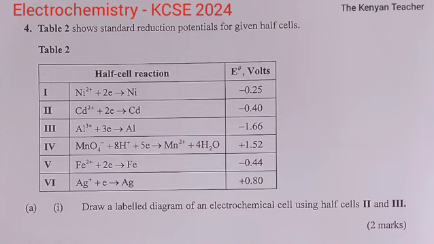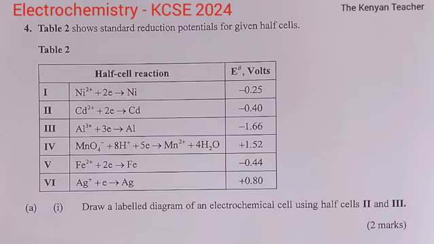The first one being of nickel, E0 value negative 0.25. Half cell 2 is for cadmium, E0 value negative 0.40. We have half cell number 3 for aluminium, negative 1.66 is the E0 value in volts.